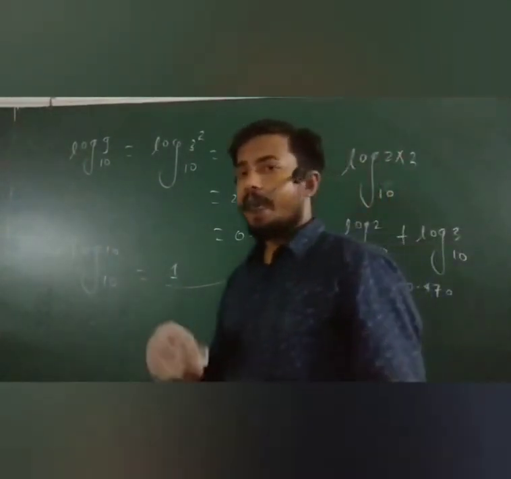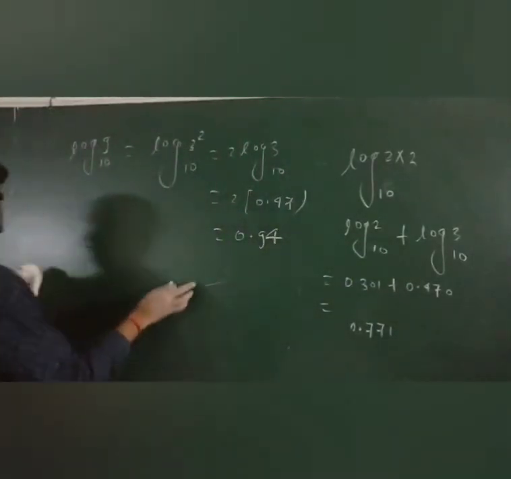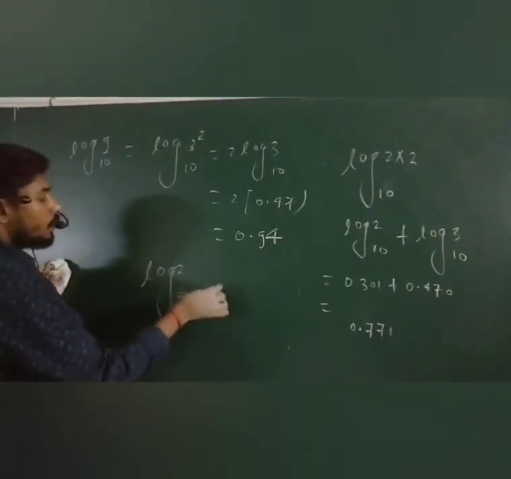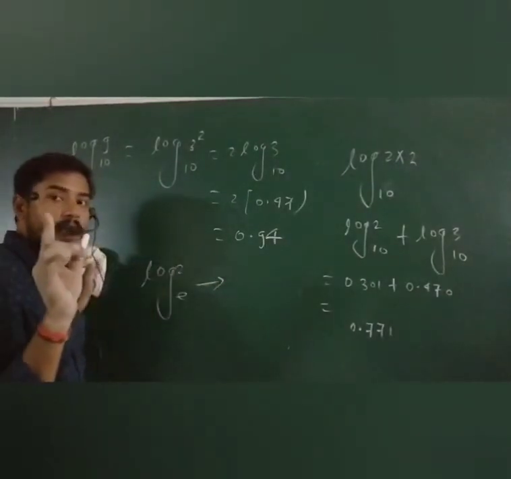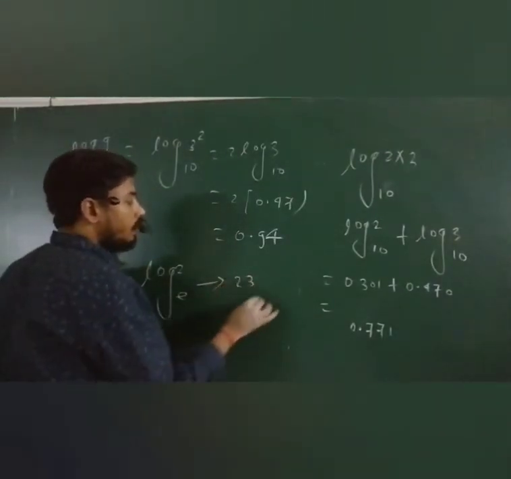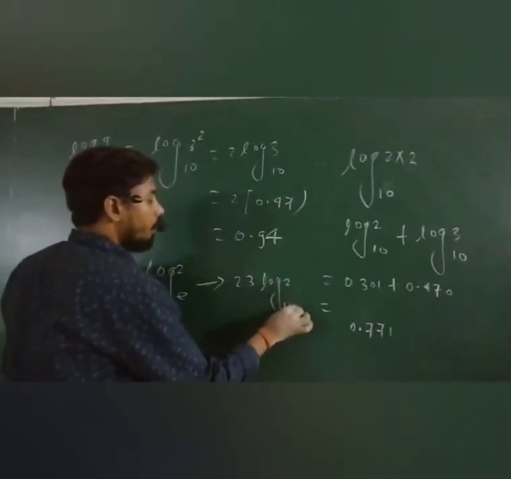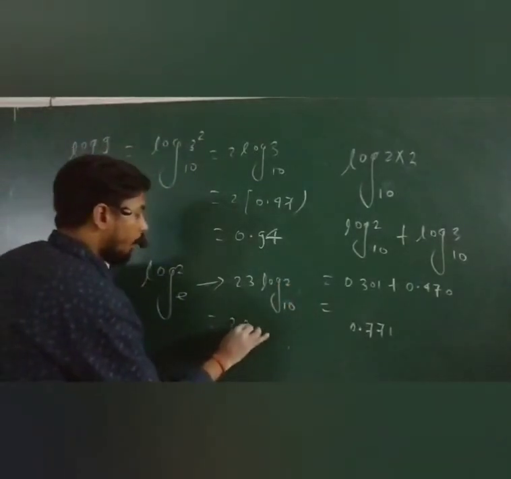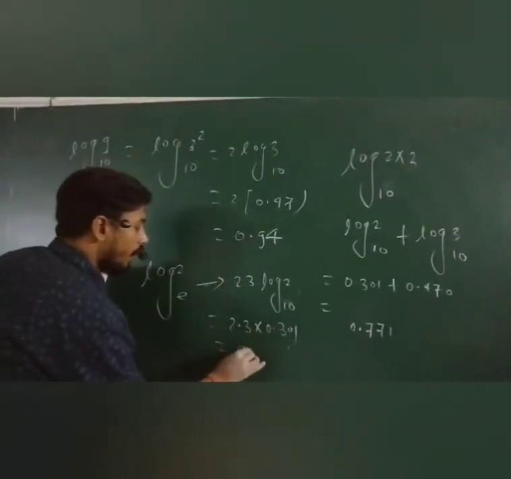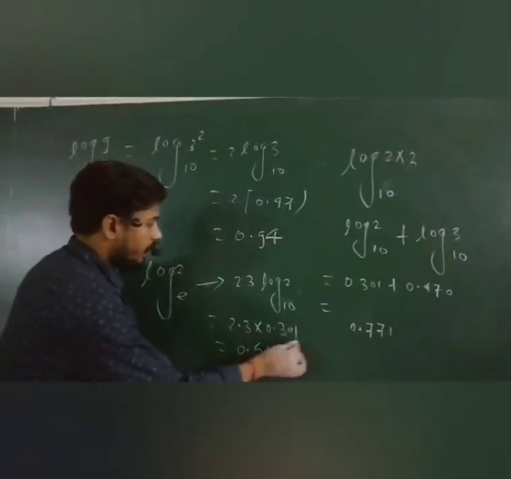Suppose that they are asking in terms of base e, like that, log 2 base e. So I told you, first of all, you have to change the natural log to common log. So what can we write? 2.3 log 2 base 10. Now see, 2.3 into 0.301, so this becomes 0.693.